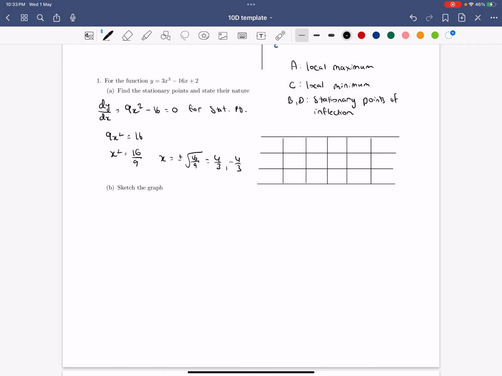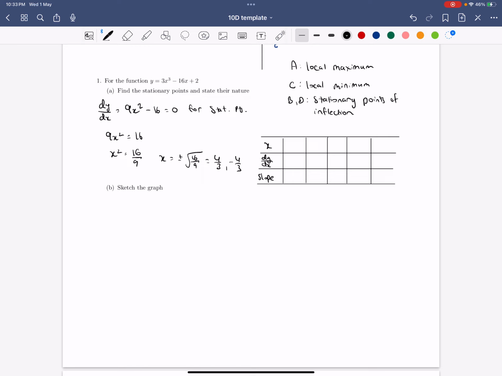Okay, so we have an x value, a dy/dx value, and we have the slope. Okay, so let's talk about how to fill each of these out.